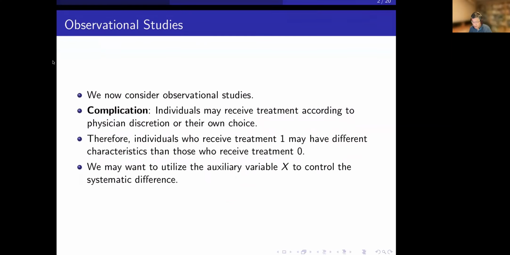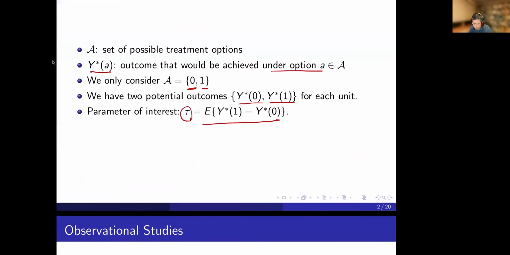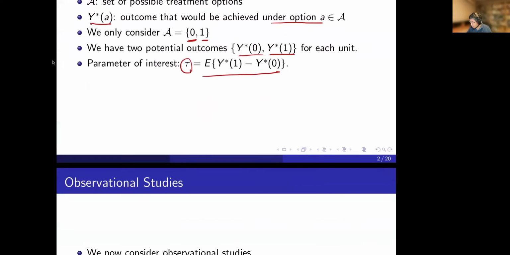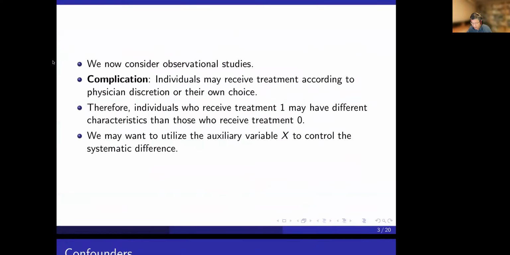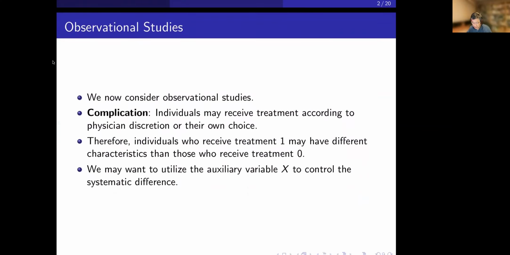So observational studies. In order to estimate tau, we can use an experiment. That's one way. But sometimes we cannot really do an experiment. In this case, we just use observational studies and make some optimistic assumptions and hope it works.